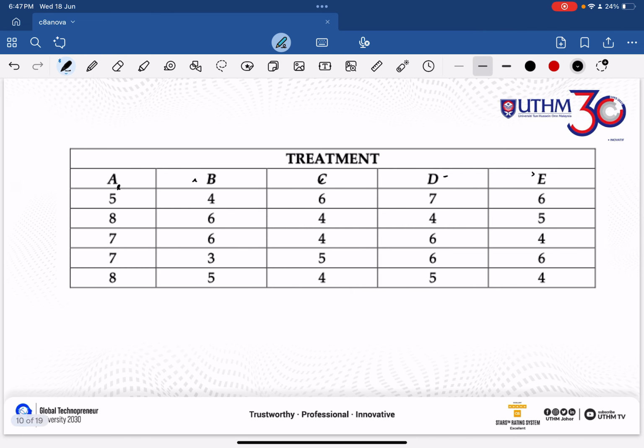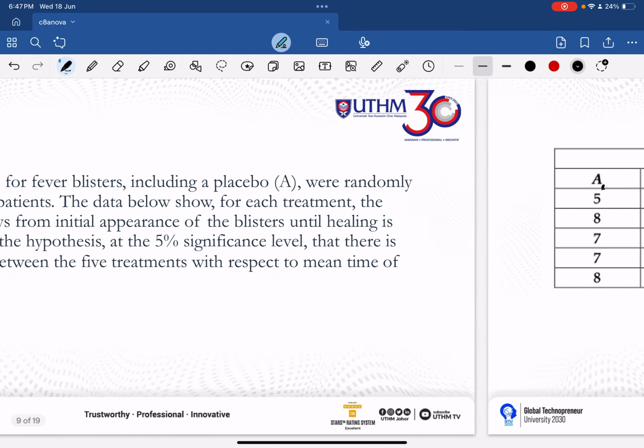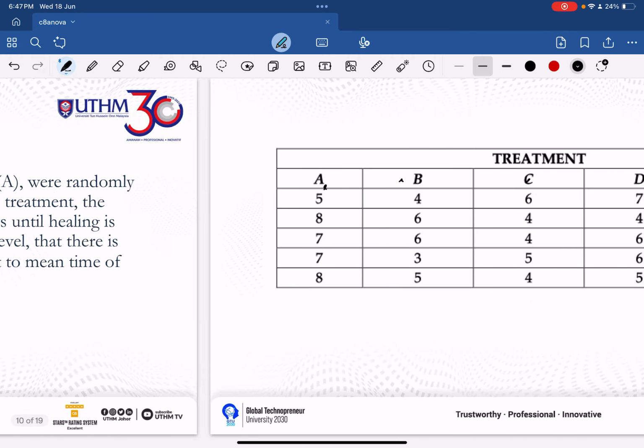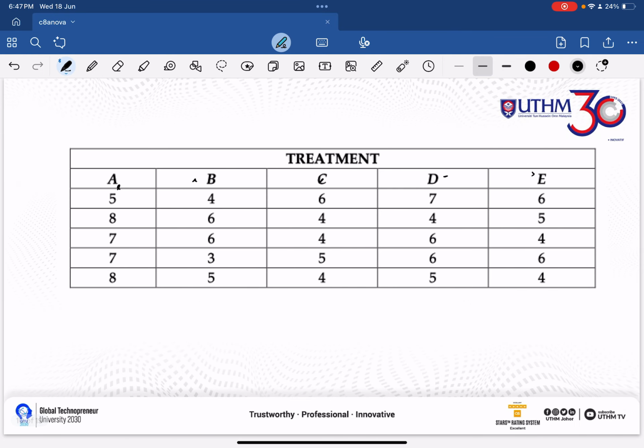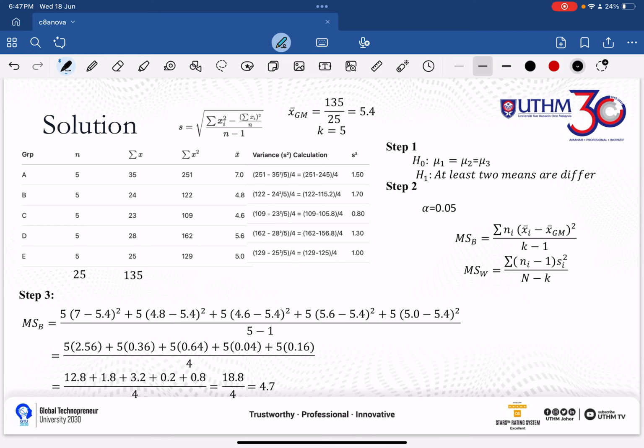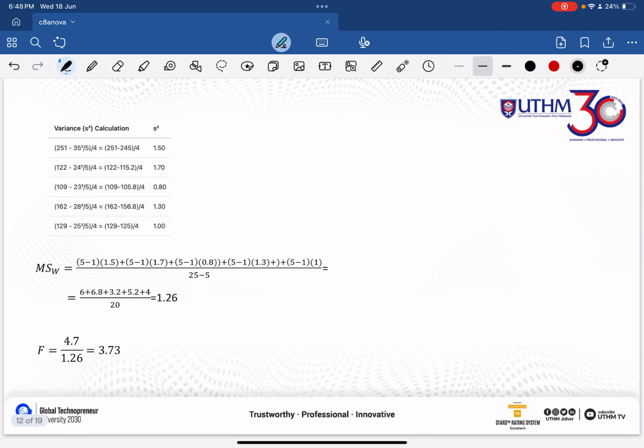Okay, so these are the data recorded. So what you need to do? First step is to state the hypothesis, which is we have how many... we have 5 actually. We have up to 5.